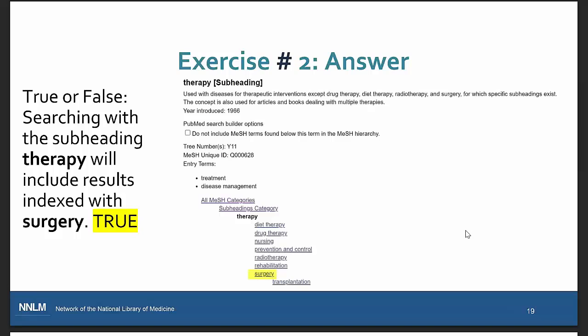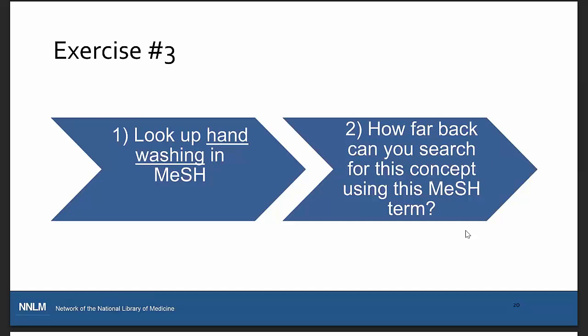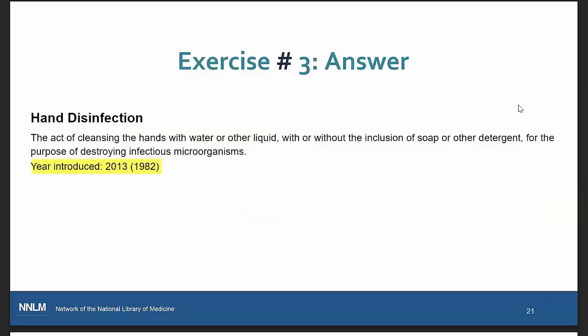Okay, so I have one more for you. Exercise 3. Look up hand washing in MeSH, and you will see that it maps to hand disinfection. So how far back can you search with this term? So if you do hand washing in MeSH, it will map to hand disinfection, and let me know what year you can search to.